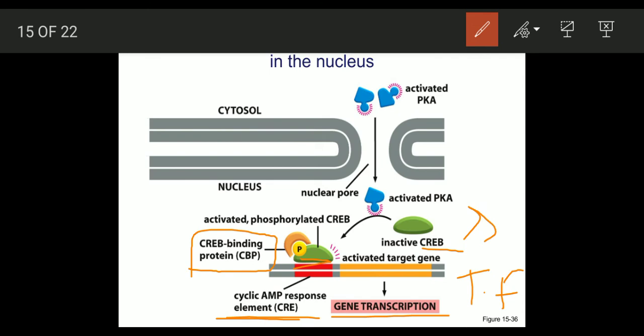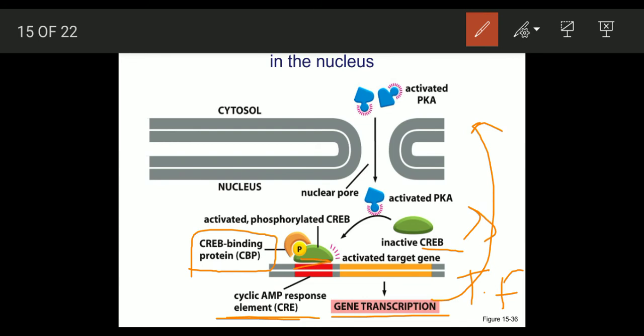This will go for transcription and form the relevant mRNA, and this mRNA will be released into the cytoplasm or cytosol, and further translation will take place and relevant proteins will form, and according to that protein the cell will respond.